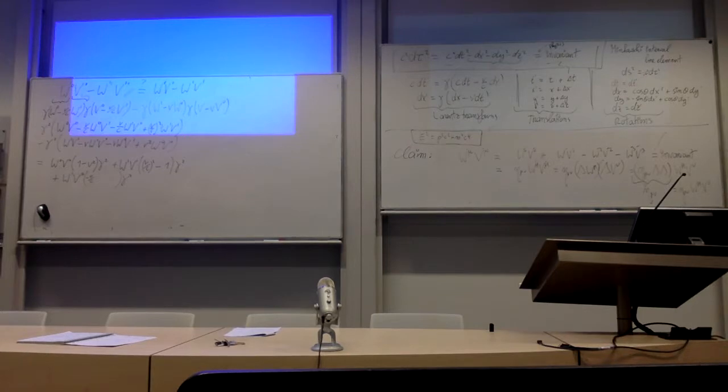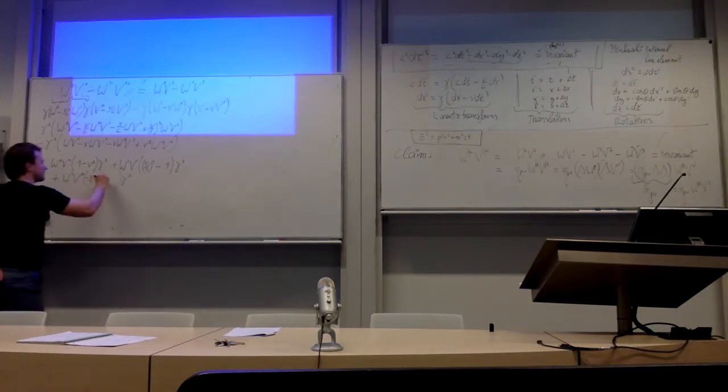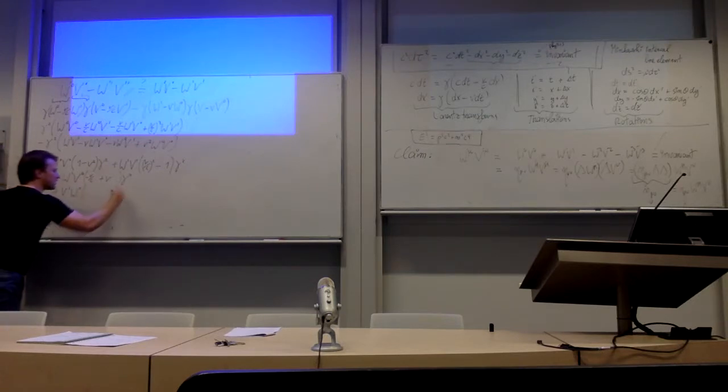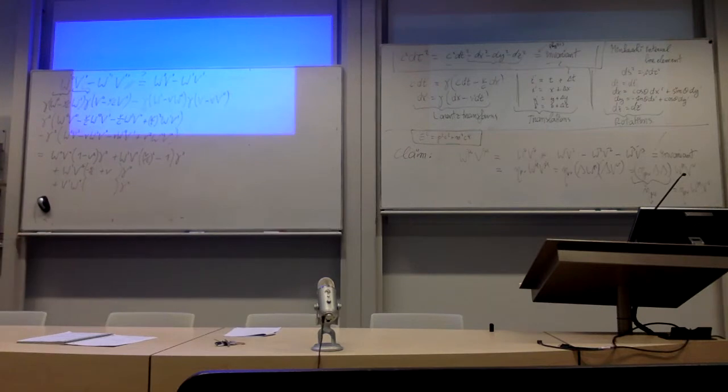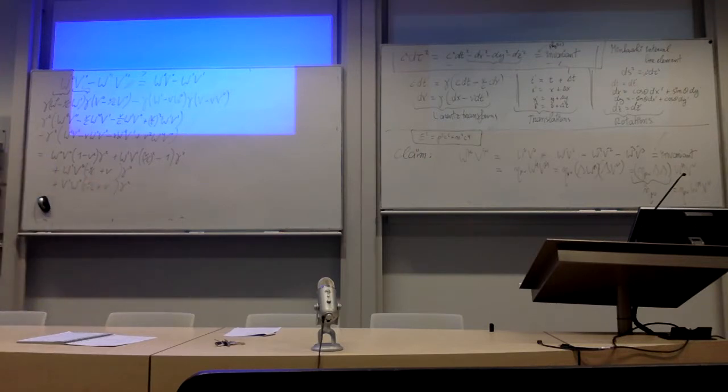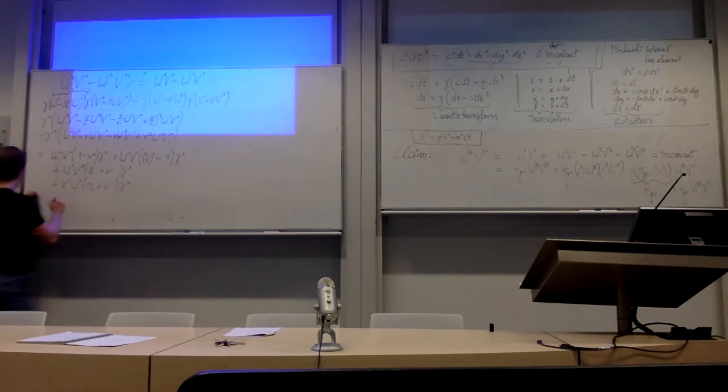Plus. Oh, no, plus. Okay. Finally, I also have this one. It's very much the same, isn't it? There you go. All right, let's clean up a little bit. This is just us doing the algebra.